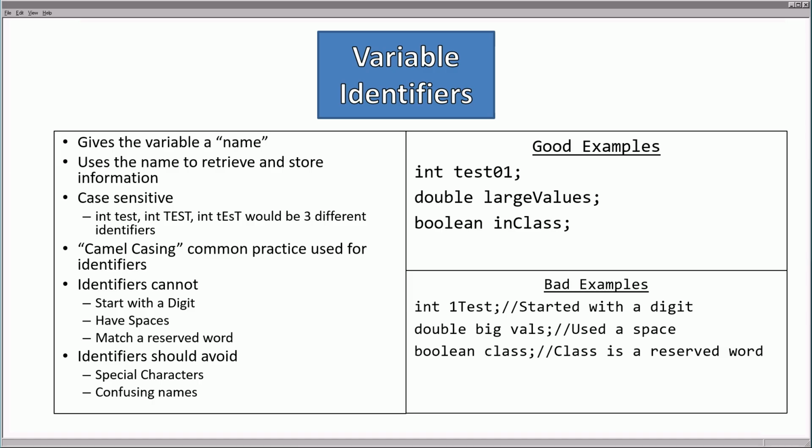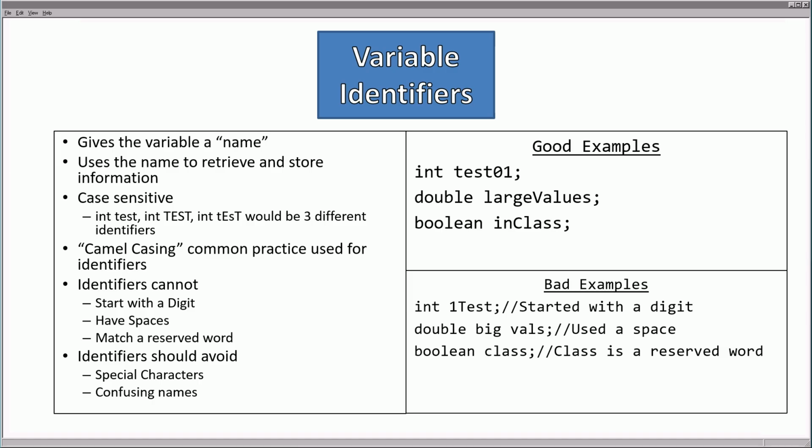So if you notice over here, where we have large and then values, you lowercase the L, but you uppercase the V. And same thing here, in class, you lowercase the I, but uppercase the C. Using this technique makes your code more readable, and that is a very good programming practice. It allows you to detect errors if they exist inside of your system a little faster, and it also allows for better collaboration with other programmers.